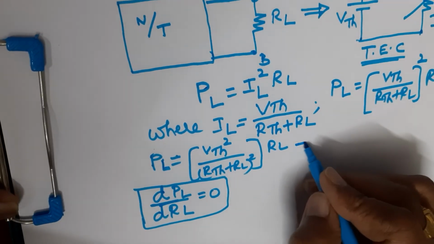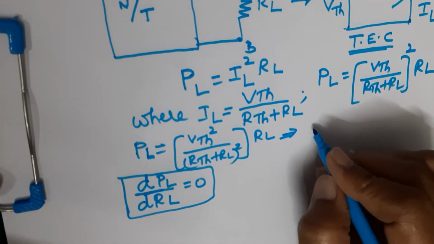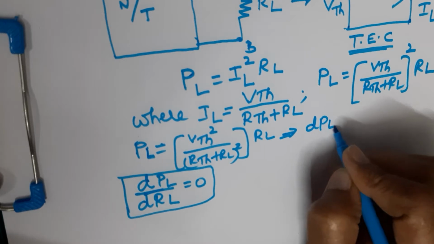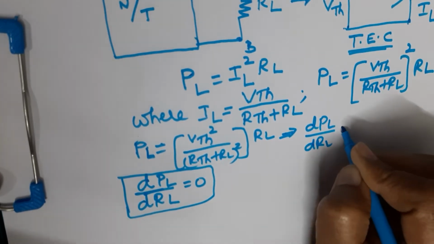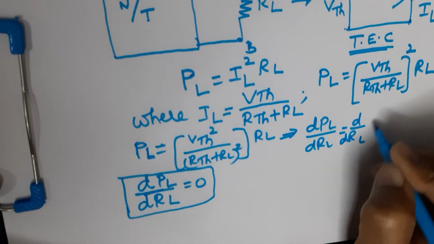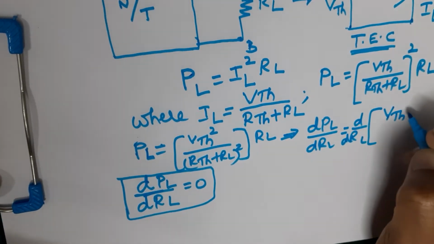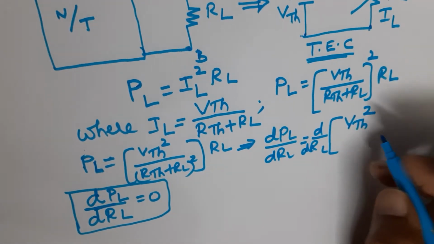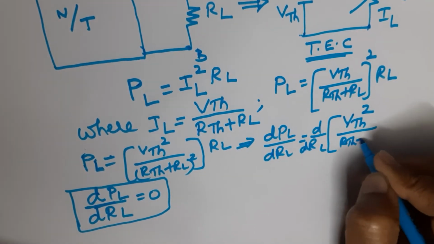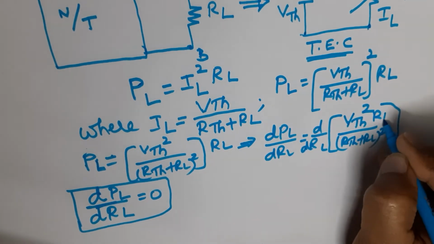So how to obtain this? In order to obtain this, dPL by dRL is given by d by dRL, differentiation of this power value with reference to the load resistance, VTH square by RTH plus RL square, RL.